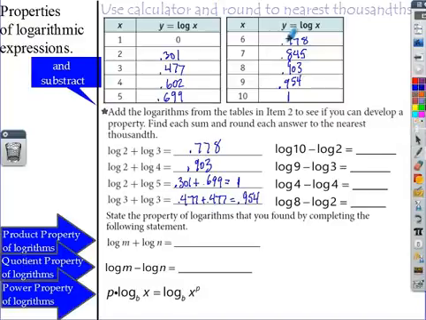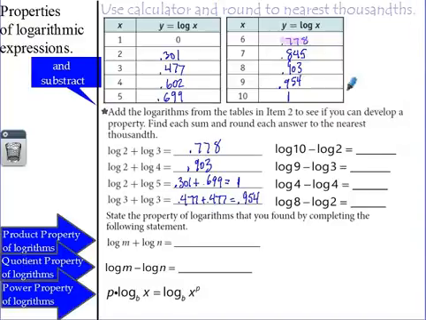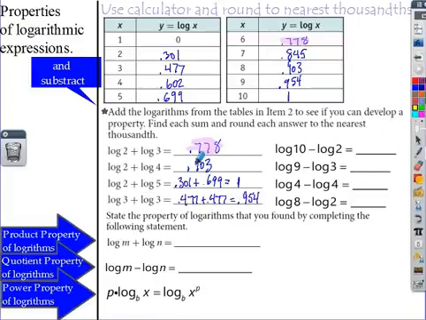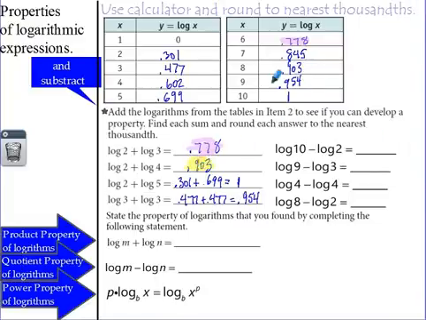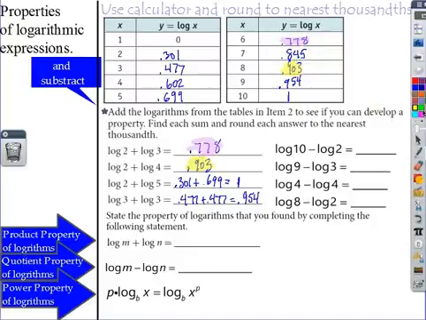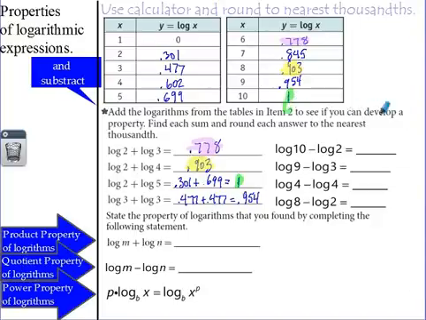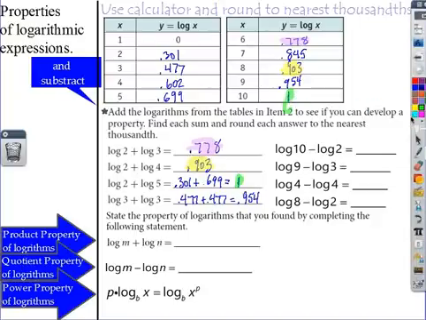0.778, well, that's what the log of 6 is equal to. Right? You look at 0.903. Do we see that anywhere? Well, that's equal to the log of 8. And the 1, that's equal to the log of 10.